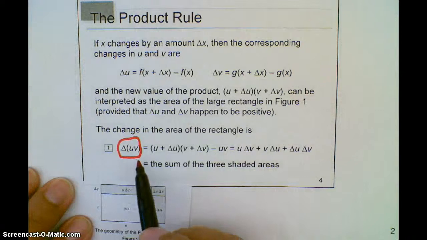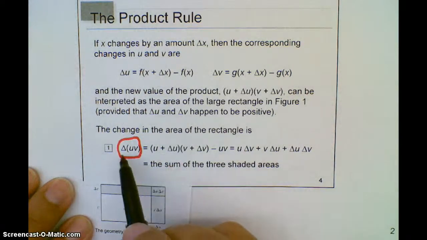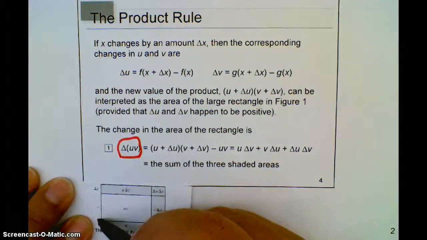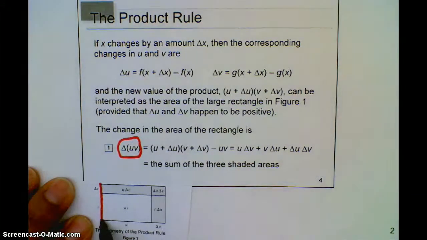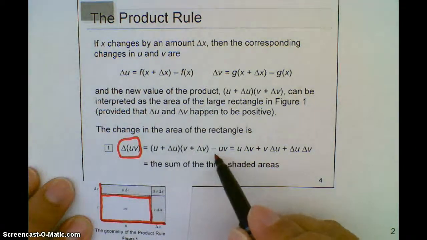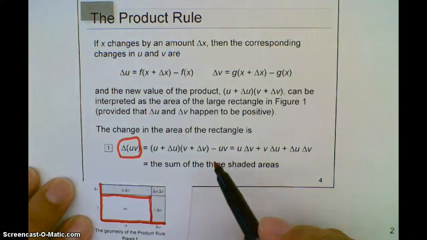So this is just algebraically, this change would be defined as the product of this times this, which will be the big rectangle, and then we are taking away this small one, and this is reflected right here.